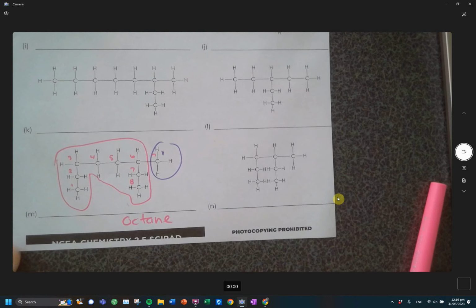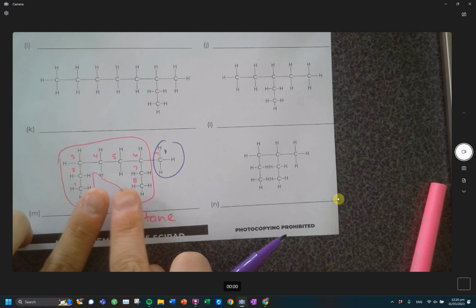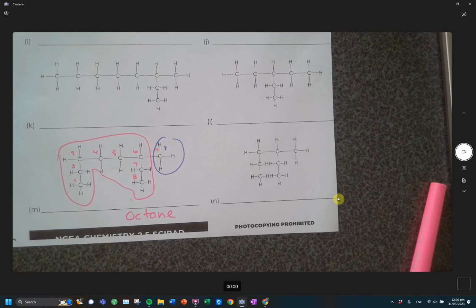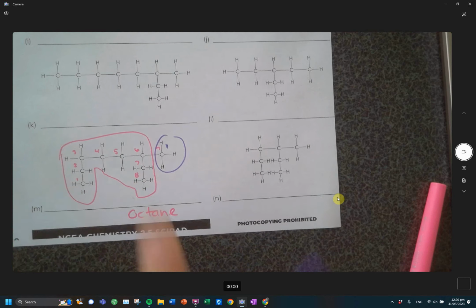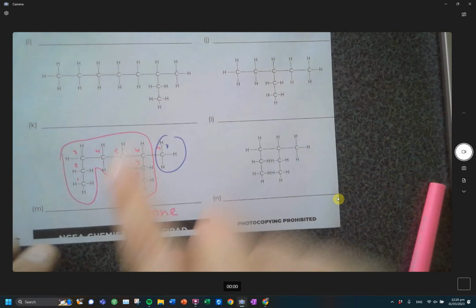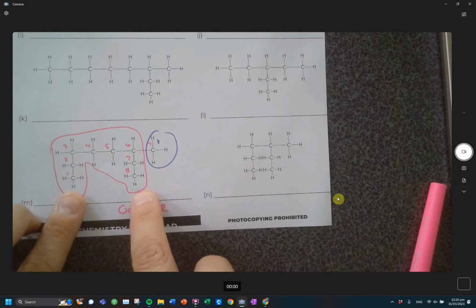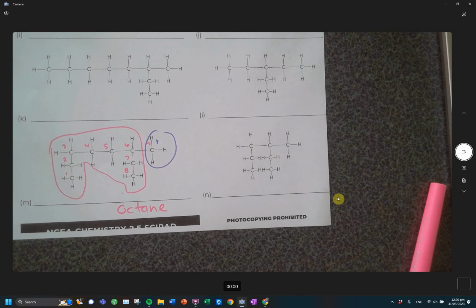So this is a methyl. If these guys were located elsewhere, potentially. So don't be thrown off just by the fact that they look like they're coming off. When you do the count, that's part of the longest chain. So these are not branches, these are part of the main chain.